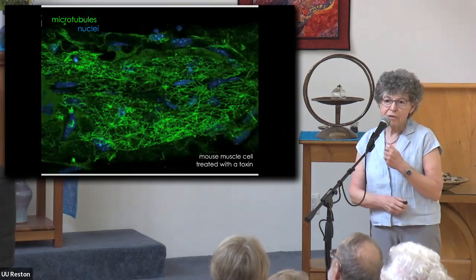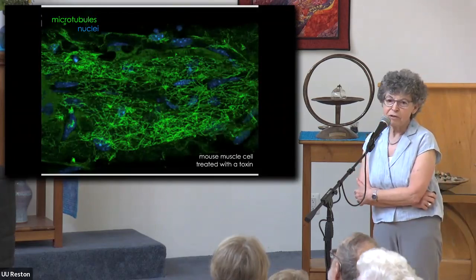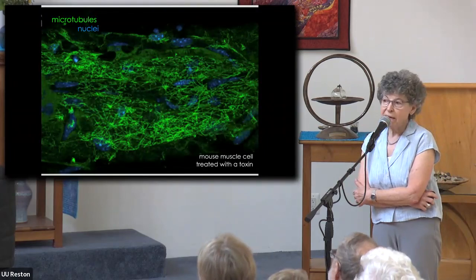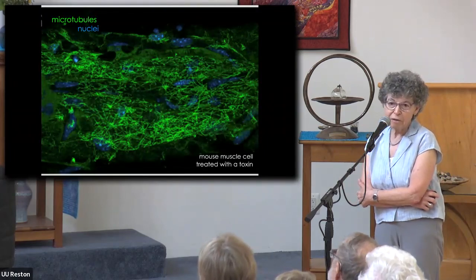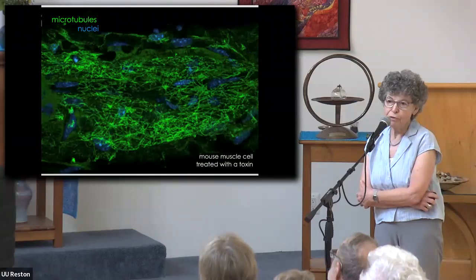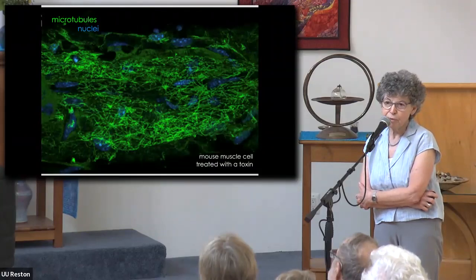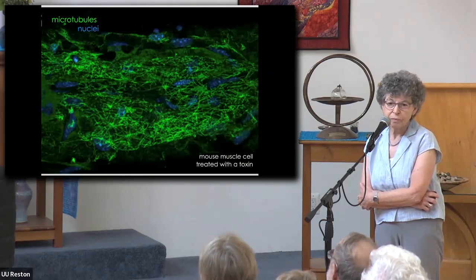This is another cell from a muscle, and you see again in green the microtubules and in blue the nuclei. But in this case, you can see that the microtubules are very disordered.